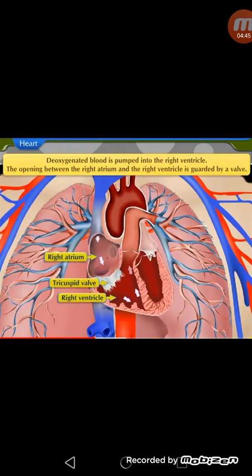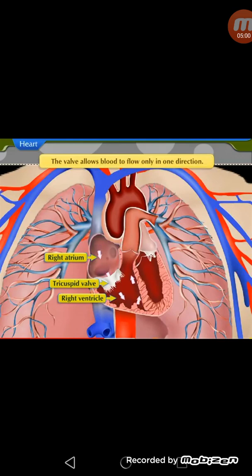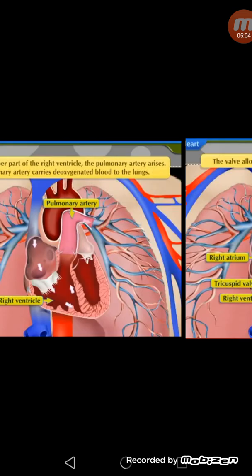So the blood cannot come back to the right atrium again. Once the blood goes from the right atrium to the right ventricle, this tricuspid valve is closed, which prevents the backflow of blood from ventricle to atrium. Here is shown the valve allows blood to flow only in one direction.